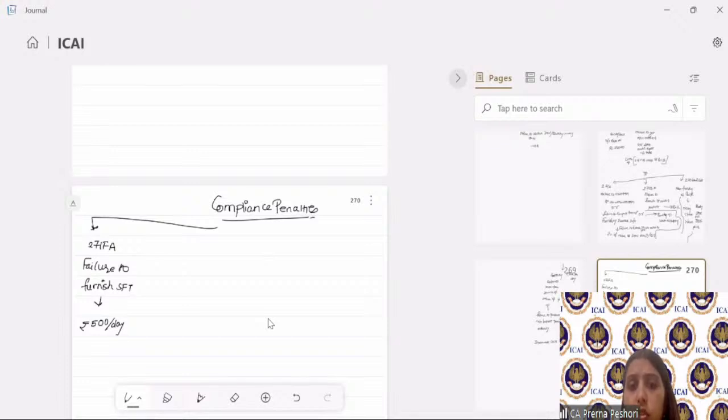Under section 285BA, if you remember, we had already done the furnishing of the statement of financial transaction. You can also find that particular section under your miscellaneous chapter in the module. There are different institutions which are specified, which are required to furnish a statement of financial transaction. So if they have been receiving certain transactions, then they are required to do that.